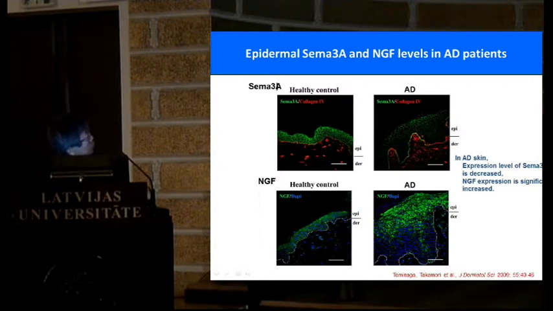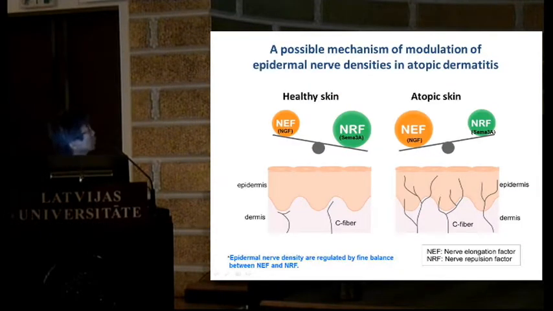Semaphorin 3A expression is significantly decreased in atopic dermatitis skin compared to normal healthy skin. On the other hand, NGF expression is increased in atopic dermatitis compared to normal healthy skin. A possible mechanism of modulation of epidermal nerve density in atopic dermatitis: in healthy skin, nerve repulsion factors such as semaphorin 3A are more dominant than nerve elongation factors such as NGF.